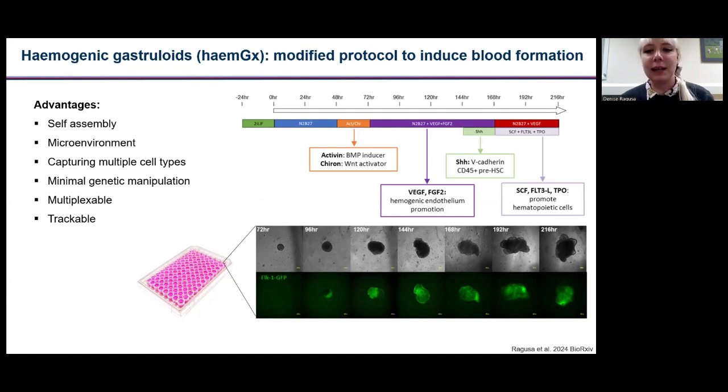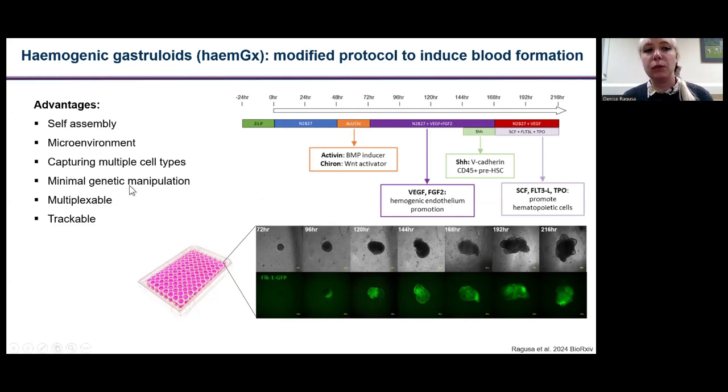So I'll come back to the gastruloid system that I mentioned before. And we wondered whether the advantage of having these 3D self-assembling structures could be modified to induce blood formation. The advantages would be that the cells will assemble themselves according to natural self-patterning events, and there is a microenvironment that can capture those non-hematopoietic cell types.